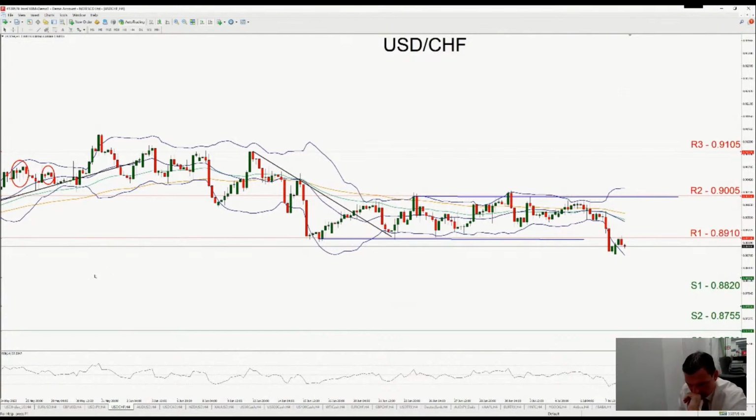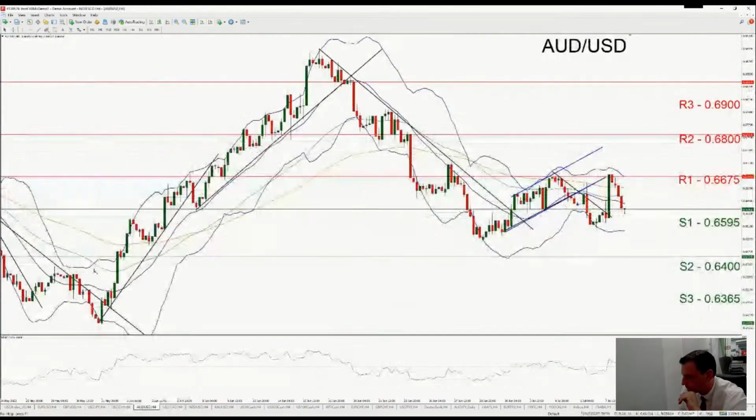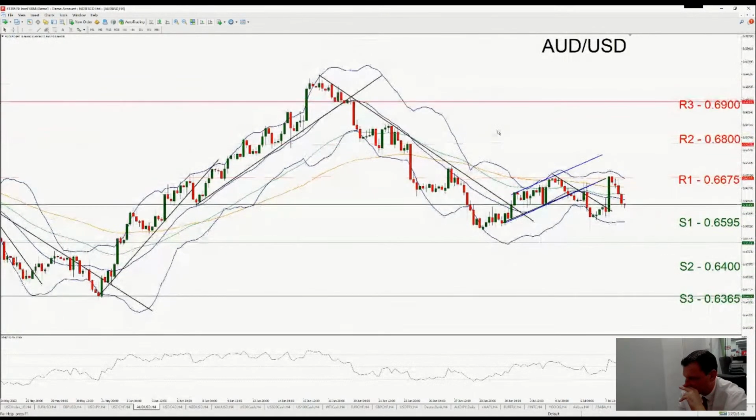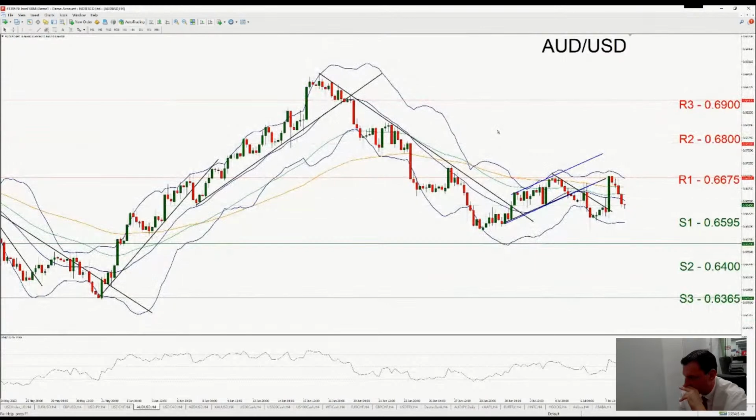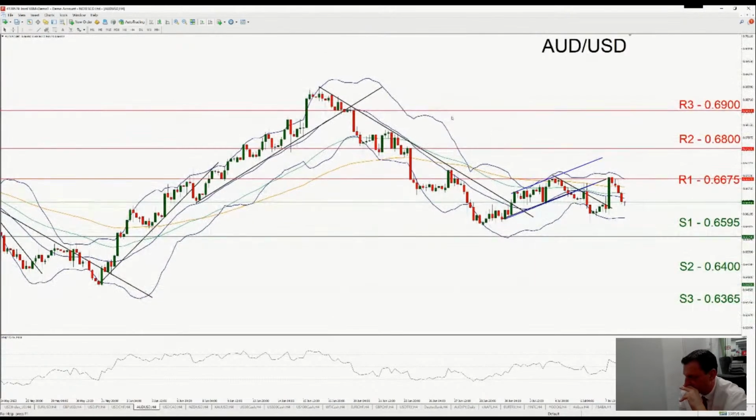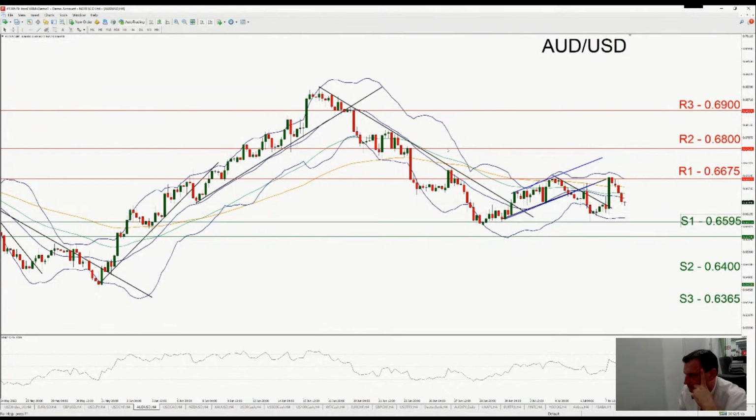Let's have a look at AUD/USD. It's about to break the S1. It's currently testing it. Actually, we could widen this a little bit. Right about here. Maybe a little bit higher.